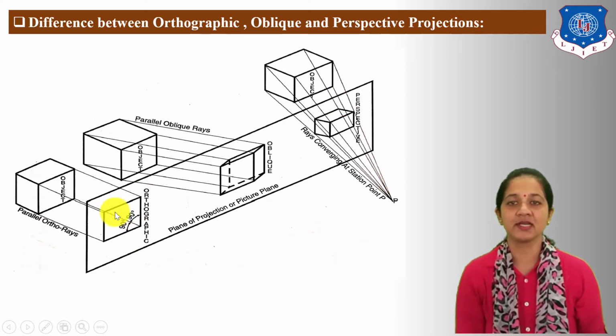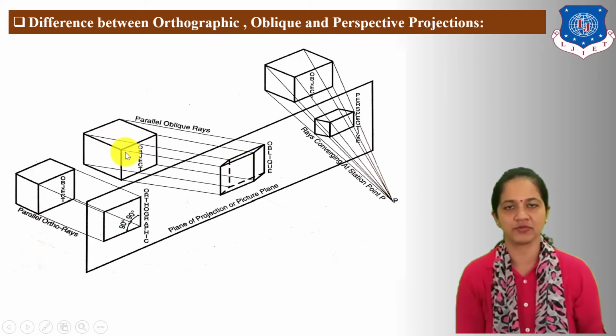So, this is the orthographic projection of this object. In oblique projection, projection lines from all corner points of the object are parallel to each other and inclined to plane of projection. So, this is the oblique projection of this object.